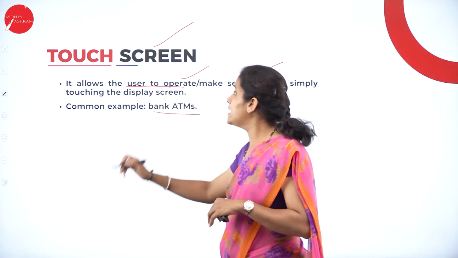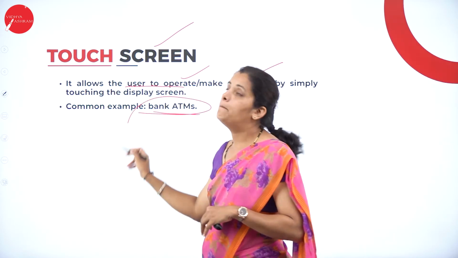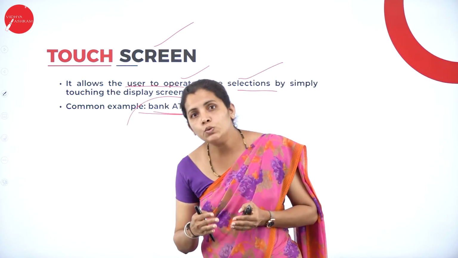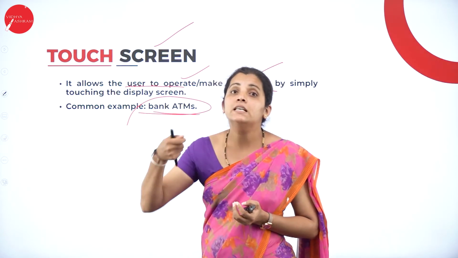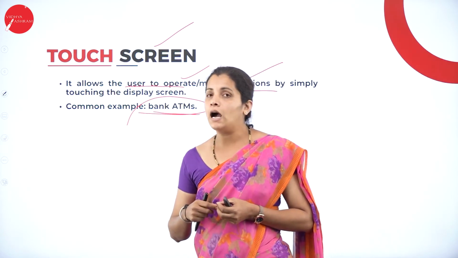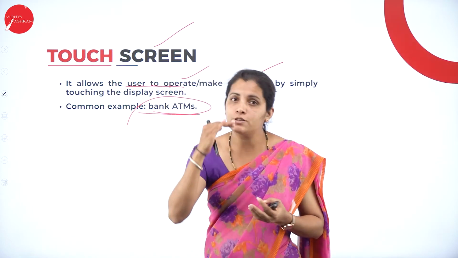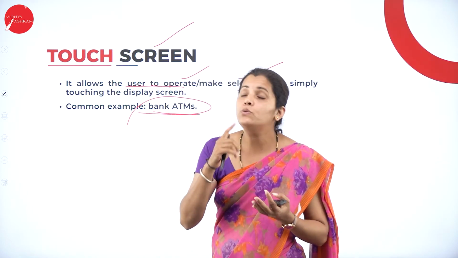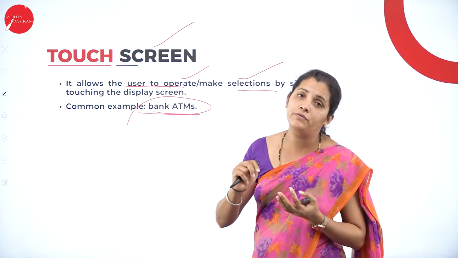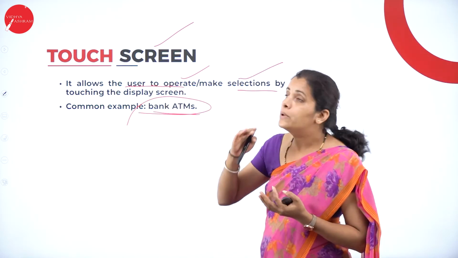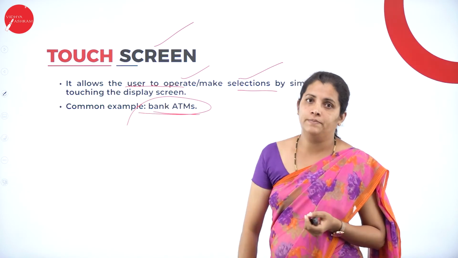The best example here is the bank ATM. When you visit your ATM, after inserting the ATM card, you get a list of options. There the user can select any one of the options with the help of the touch screen.